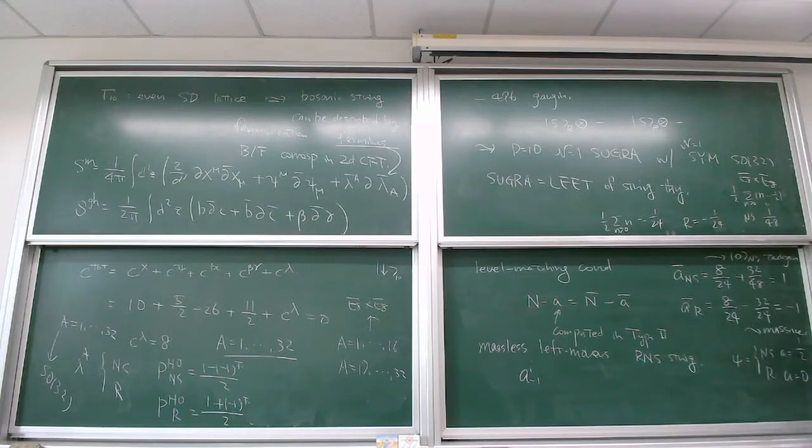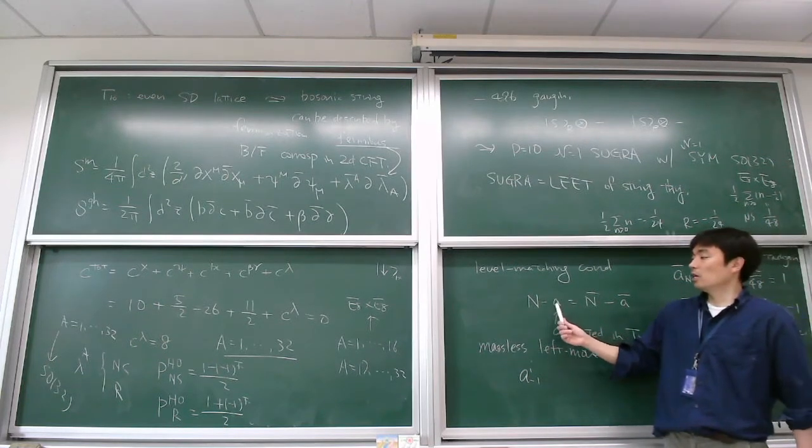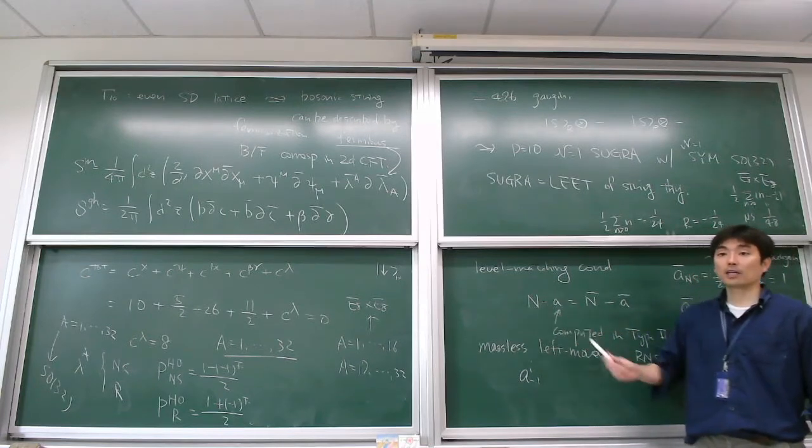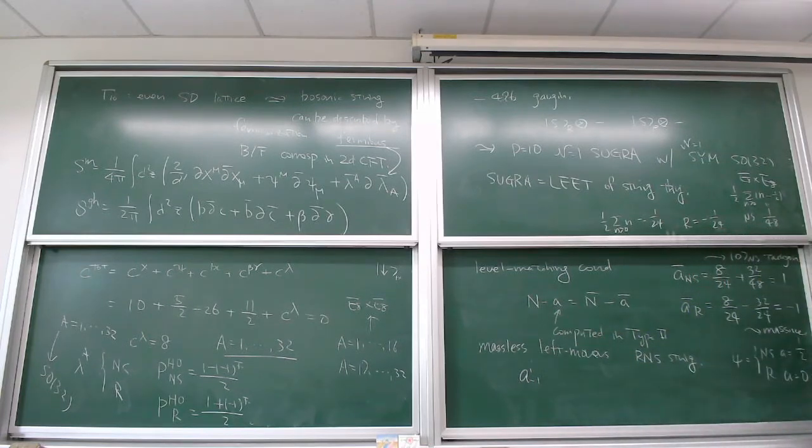The lowest, the ground state, is a massless mode. Okay? So Ramond equals 0. And then Neveu-Schwarz equals 1/2, but that is projected out by the GSO projection in right movers. Okay? So this one is projected out in the right movers. So therefore, there is no corresponding object for the tachyon on the left hand side of the level matching condition.